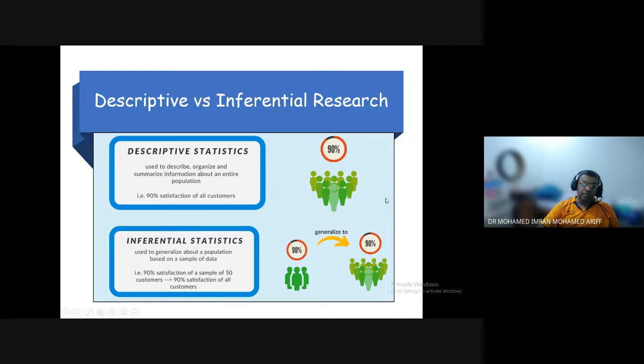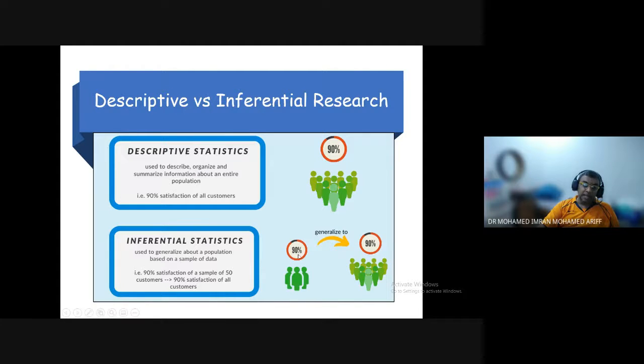Alright, so dalam gambar ini, this is the population. But daripada sini kita ambil 50 orang saja. Okay, this is population 100, katakan 100. So kita ambil sampel yang ni 50. Daripada 50 ni 90% is satisfied.